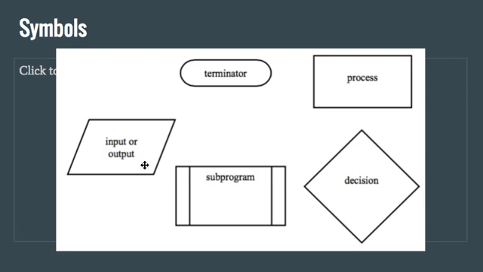The input or output symbol describes whether input from the user is coming in or output is going out to the user. And finally, the subprogram symbol, where we stop at our algorithm and then we run a subprogram, which would be another algorithm. And once that other algorithm has finished executing, we'll come back to our main program. So we'll look at all these in more detail later on.